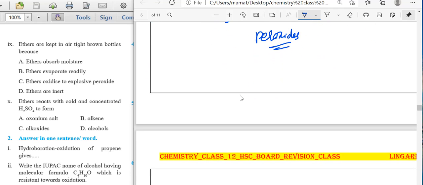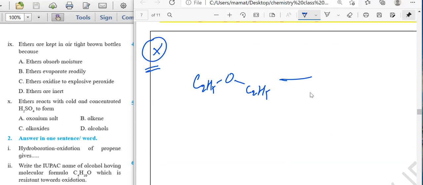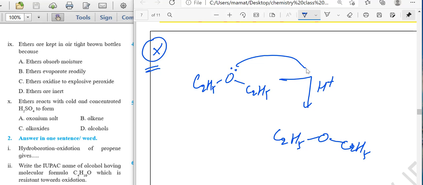Next, question number 10. C2H5 O C2H5. If you use H plus, what will happen? Here the lone pair is there. This lone pair is given to this hydrogen. So it is forming like this, right? So this is the oxonium ion. Oxonium ion. This place we can write it here also, right?